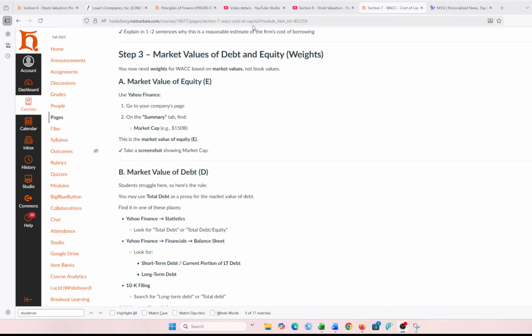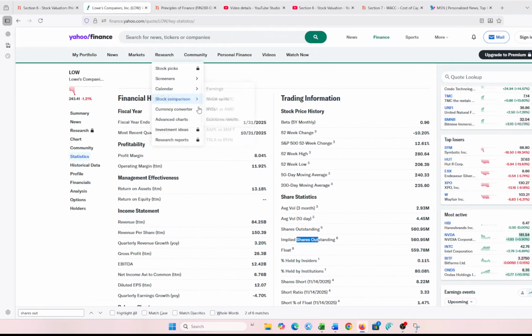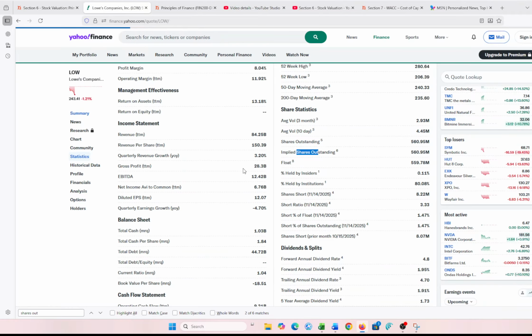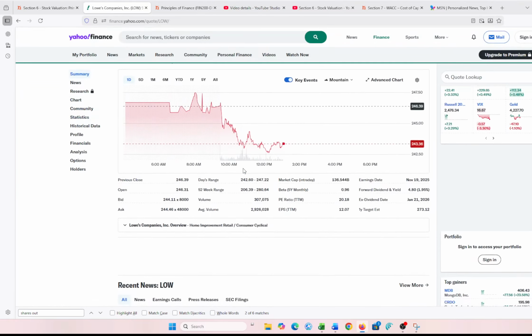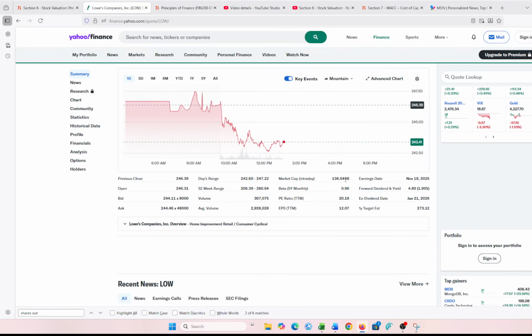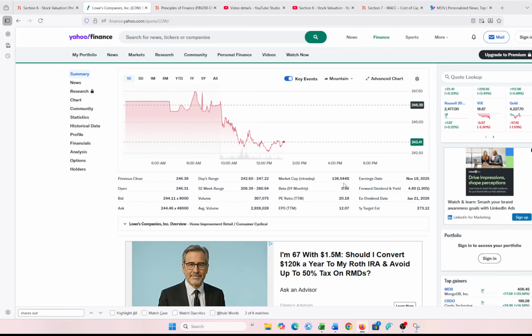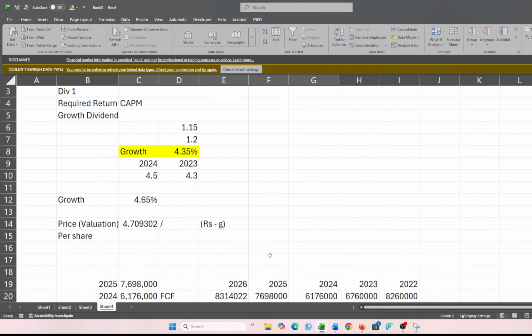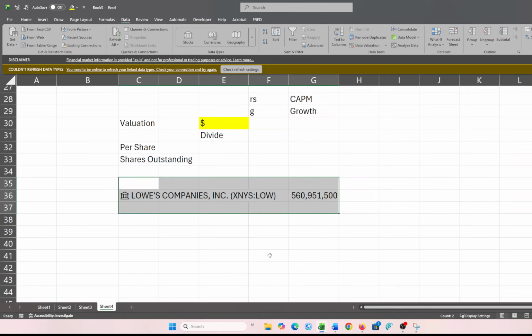So let's go to our Lowe's. I'm going to go to summary, and we're going to go to market cap. That's the equity portion right there, $136 billion. I'm going to show you another method to do it, which is in Lowe's right here.